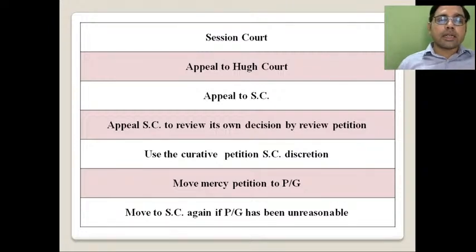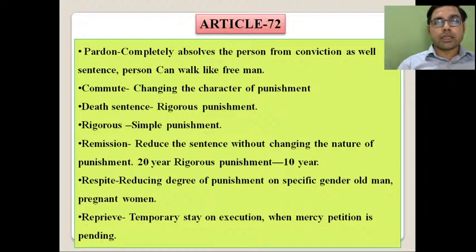But ये table, ये chart I prepared just to give you an understanding कि किन किन stages से आपकी पिटीशन जा सकती है maximum under the Indian judicial system, where it provides maximum opportunity to a convict just to correct any miscarriage of justice. अगर कोई miscarriage of justice आपको लगता है कि हो गया है, तो Indian Constitution में ये सारे provisions हैं जिसके थ्रू हम best possible manner में आपको fair trial देने की कोशिश करते हैं. And we try to make sure that no such miscarriage of justice takes place.